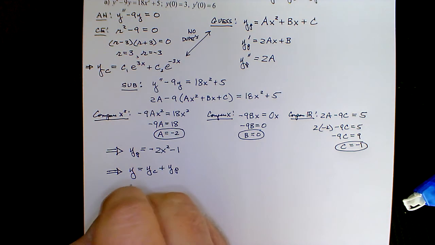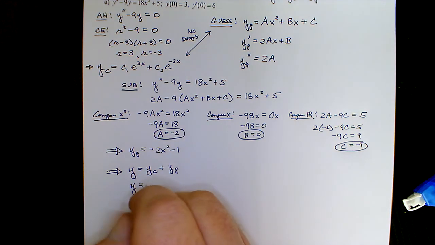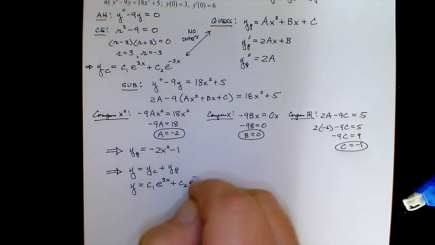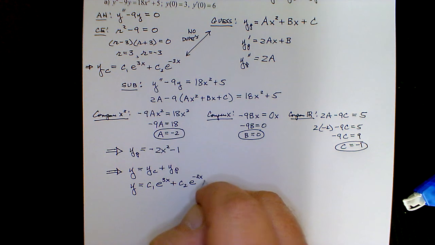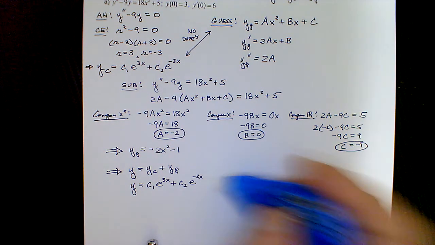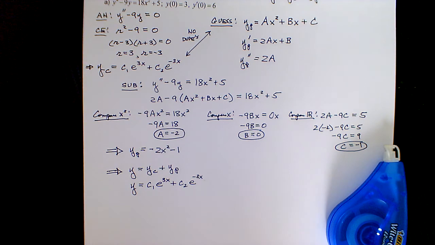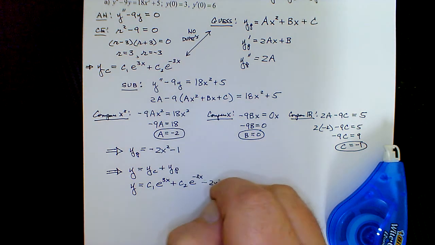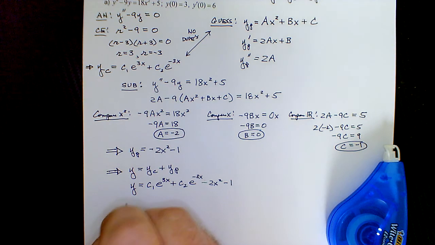So our y here is c1 e to the 3x plus c2 e to the negative 3x, and then plus the y sub p, or let's just write minus 2x squared minus 1.